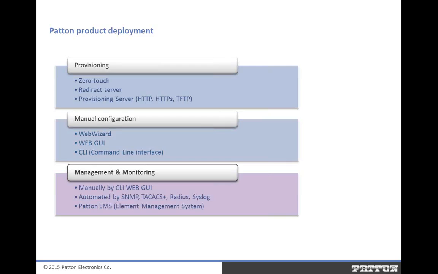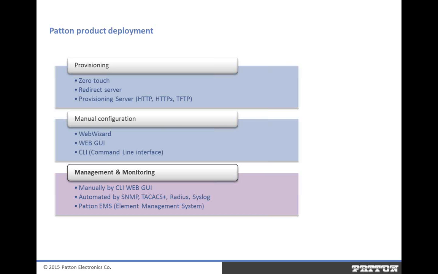Once a unit has been installed, you might want to know what's happening to that device, so you want to monitor and also manage it remotely. There as well, we provide different options. That can be done through manual intervention using the CLI or the web interface, or in an automated way using different kinds of protocols we support. Then, as a third item, we also have the Patton Element Management System option.